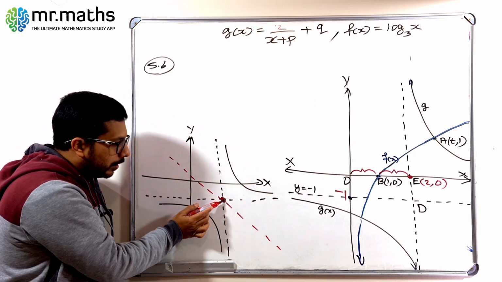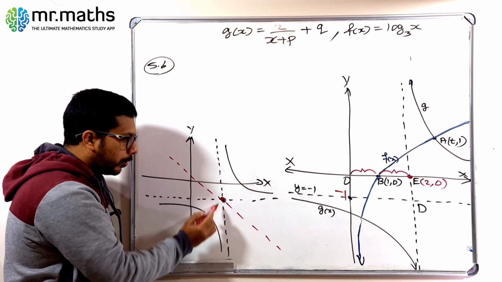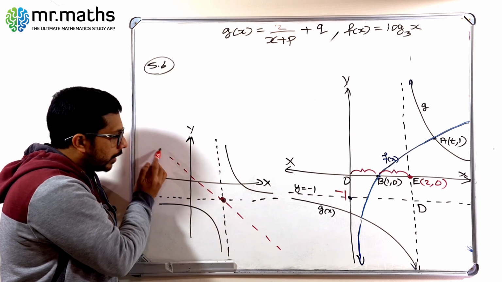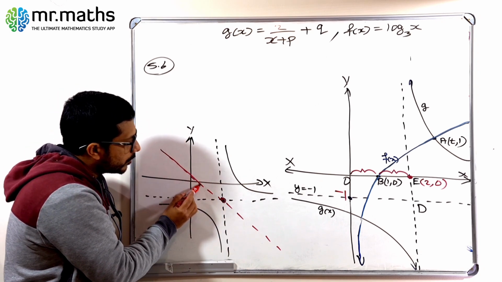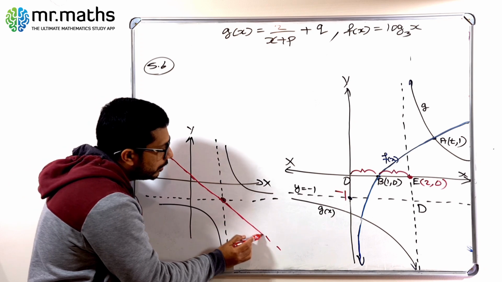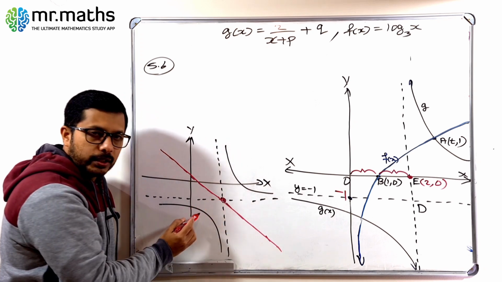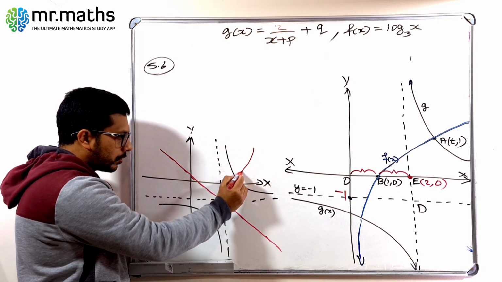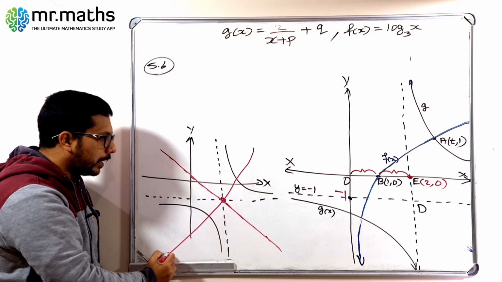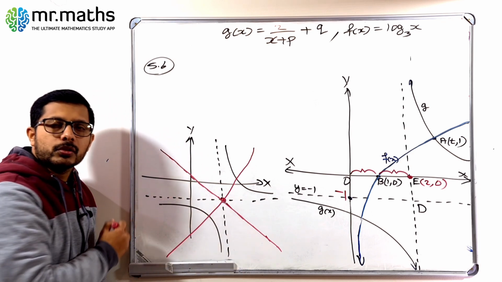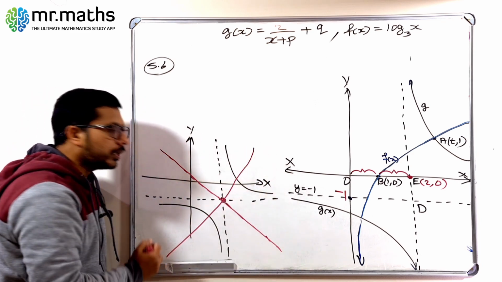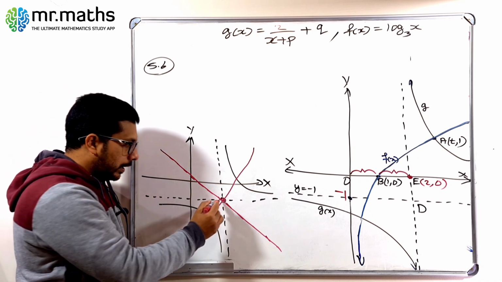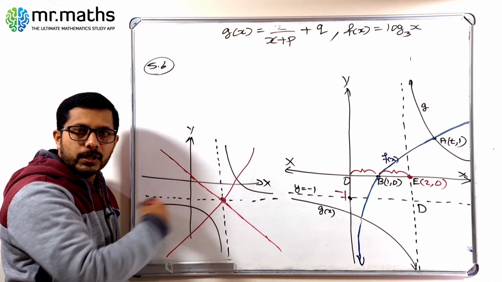Here you can see that this asymptote and this asymptote intersect at this point. This is the axis of symmetry passing through the intersecting point, and this is the second axis of symmetry passing through the same intersecting point. So both the axes of symmetry pass through the intersecting point of the asymptotes.